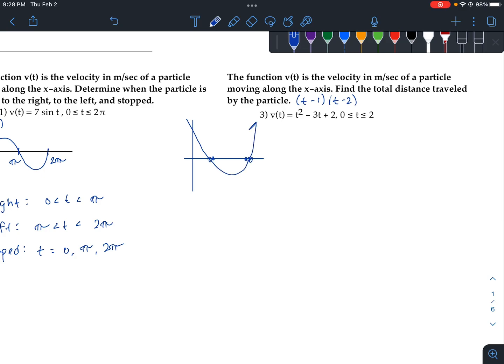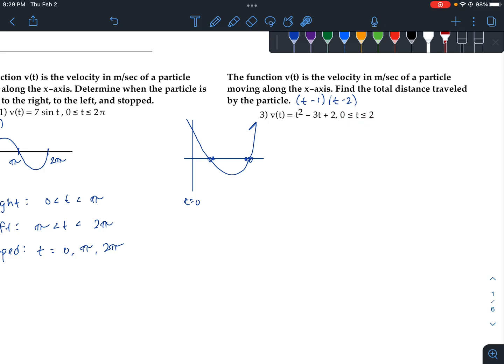Okay, so starting when t is equal to 0, you can see that the particle is moving in a positive direction from 0 to 1, and then in a negative direction from 1 to 2, and that's all that we're looking to do from 0 to 2.